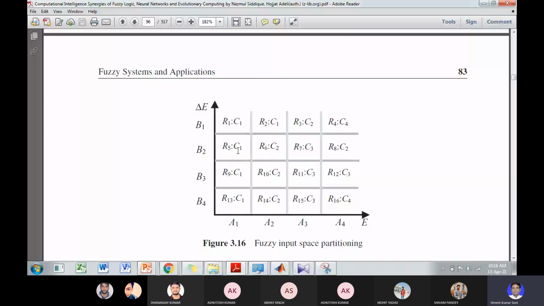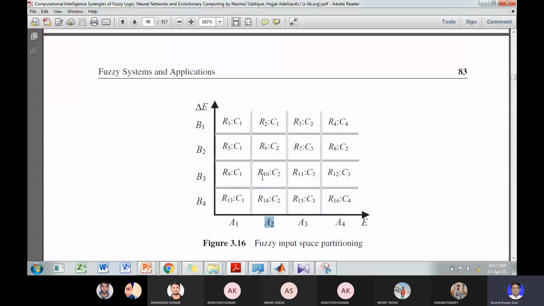We have a total of 4 membership functions in output, and different rules define the output out of these 4. Here again R10 shows that whenever the input error is B, the output will be the C membership function.